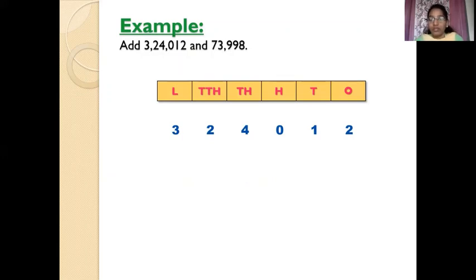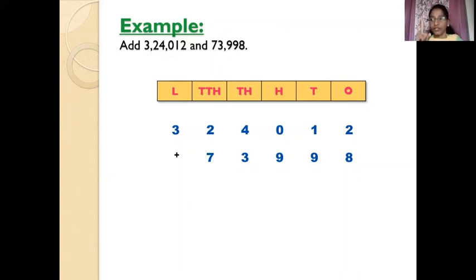The first large number here is 3,24,012. Next, you're going to arrange the second number also, that is 73,998. Yes, look at the places, right? So 7 is in 10,000th place, 3 is in 1000th place, 9, 9, 8 are in hundreds, tens and ones places respectively.